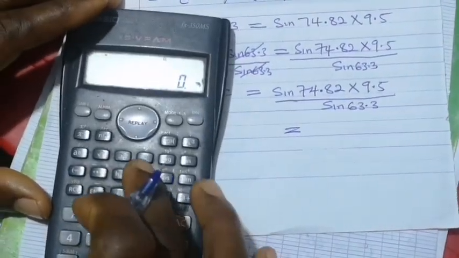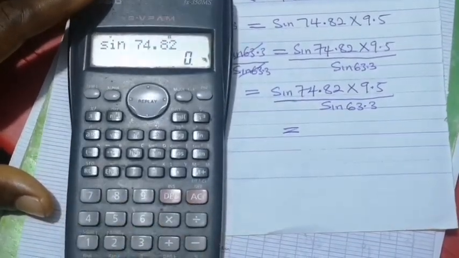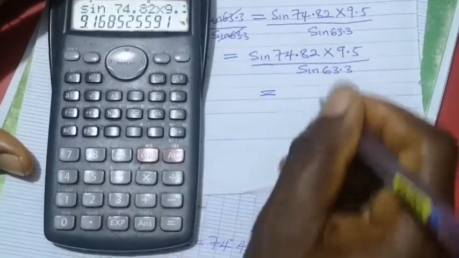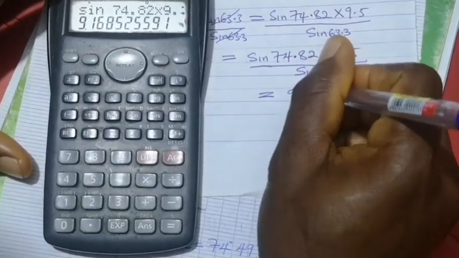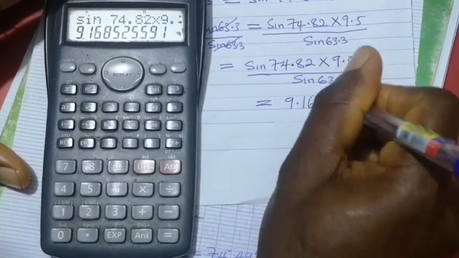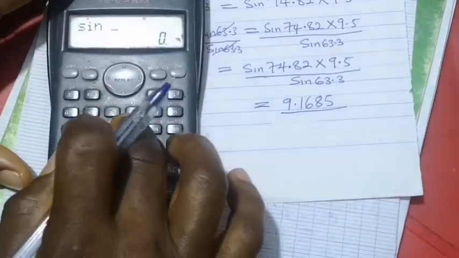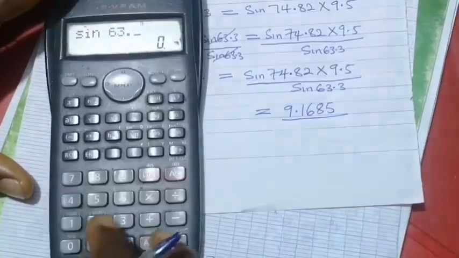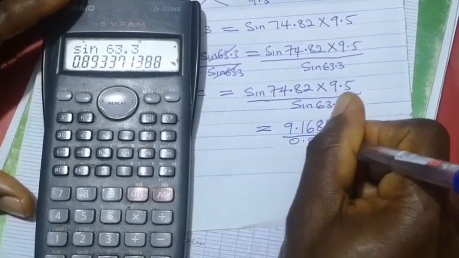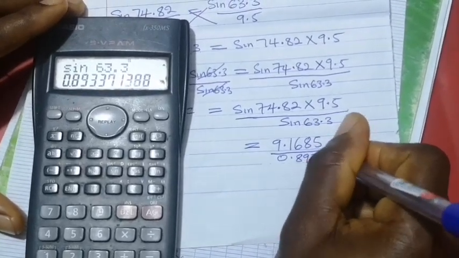Okay, now sine 74.82 times 9.5 is equal to 9.1685 approximately, divided by sine 63.3, which is 0.8934 approximately.